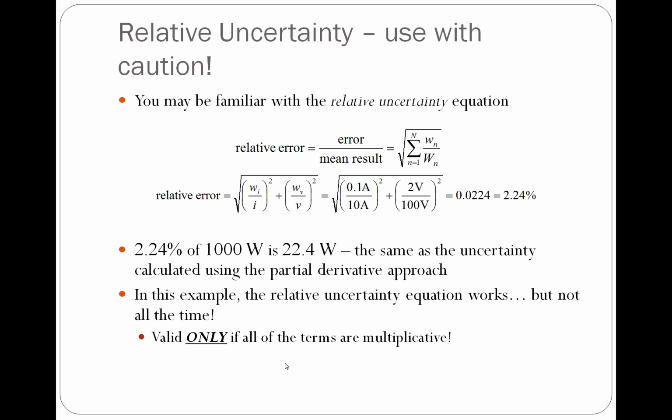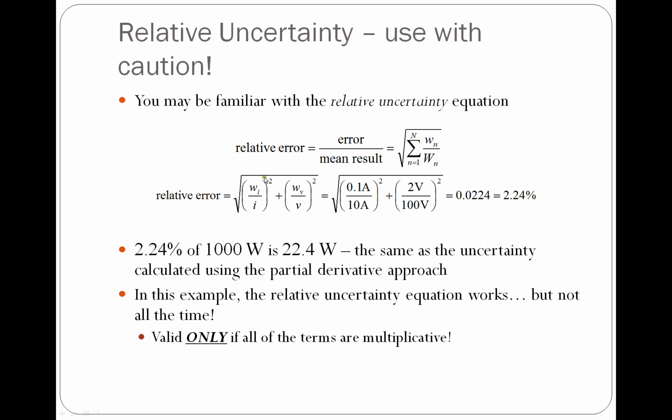Now I know in other classes you have probably seen or are familiar with this relative uncertainty equation. I wanted to bring this up because I've heard people say you want to take delta I over I, or the uncertainty in the current divided by the current, and square it, and then add that to the uncertainty in the voltage over the actual voltage and square that.